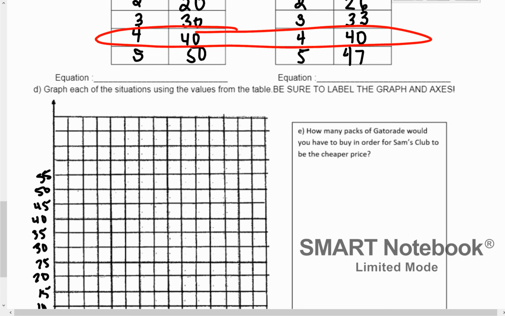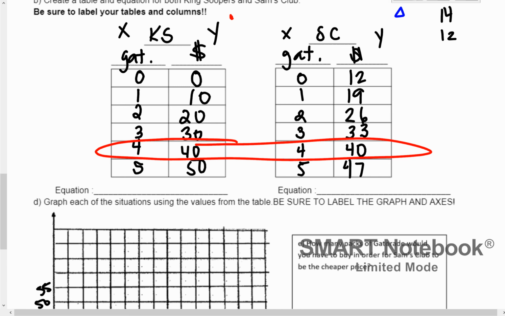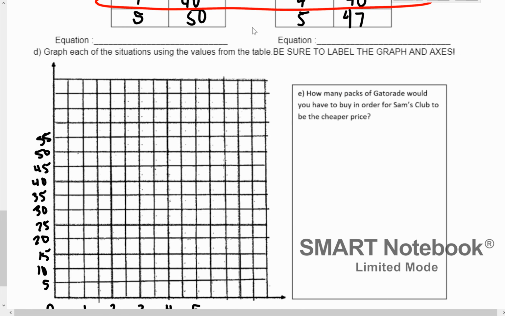All right, for King Soopers, I am using a red dot, and I'm going 0, 0, 1, 10, 2, 20, 3, 30, 4, 40, 5, 50.